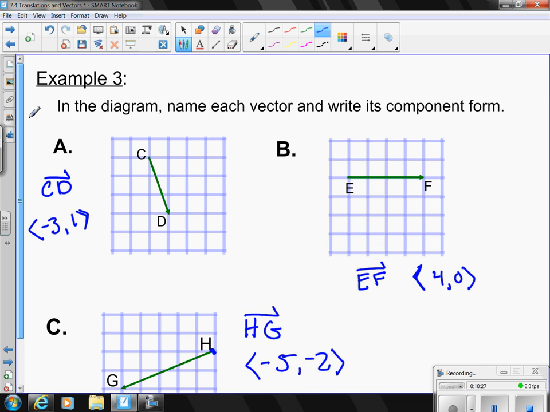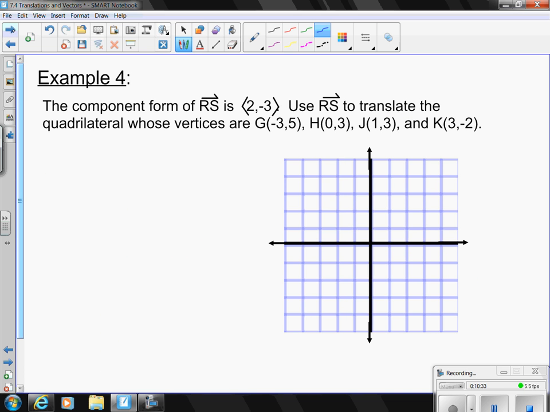Notice the component form is different than the coordinate notation. The component form of vector RS is <2, -3>, to the right 2, down 3. Use that to translate the quadrilateral that has those vertices. So if I go to the right 2, G prime is going to be at (-1, 2).